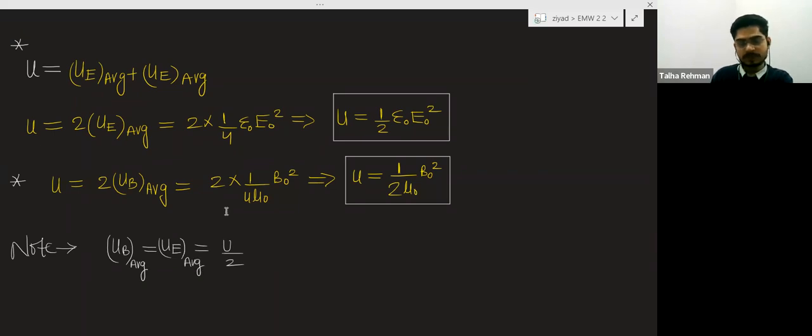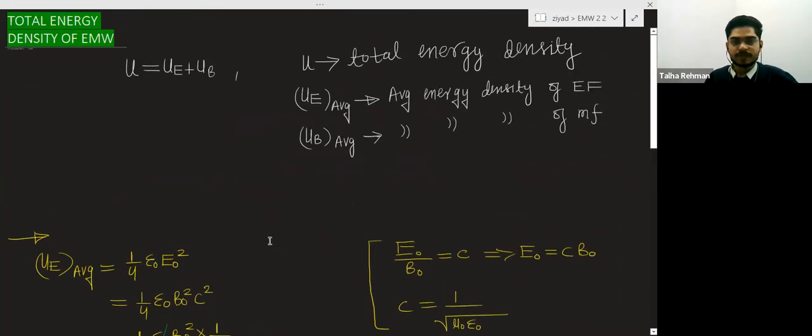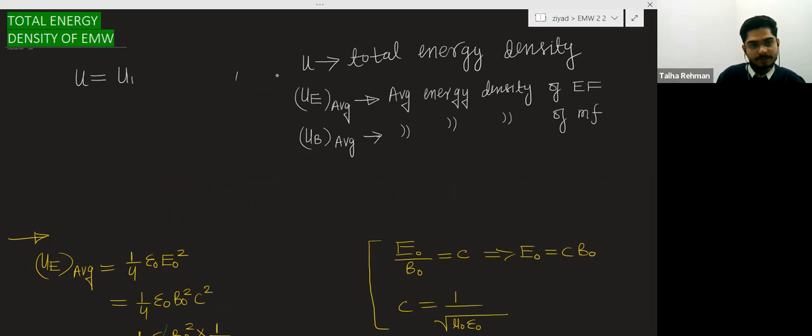This energy is also the total average energy of the electromagnetic wave. So the total energy of the electromagnetic wave is given by the average energy density of the electric field plus the average energy density of the magnetic field.